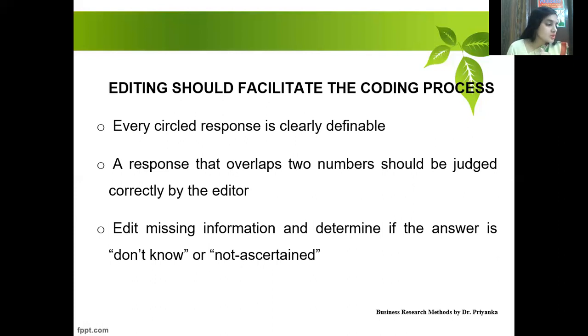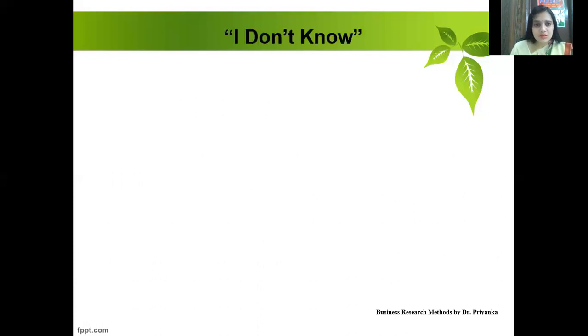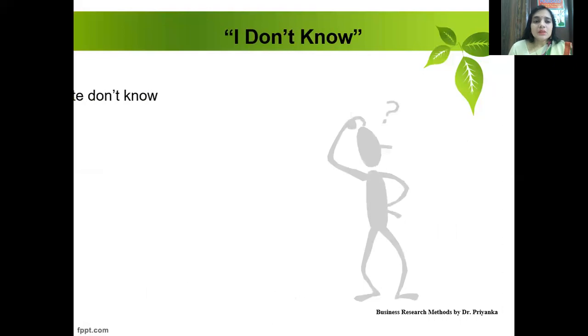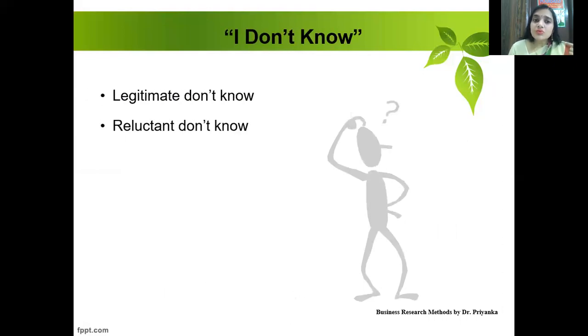So you will be doing this for the missing information and for the don't know answers. For example, whether it was a legitimate don't know, a reluctant don't know, or a confused don't know. When you talk to the respondent as an interviewer, you'll know what kind of don't know he was telling you, and accordingly you will be completing the questionnaire for don't know.